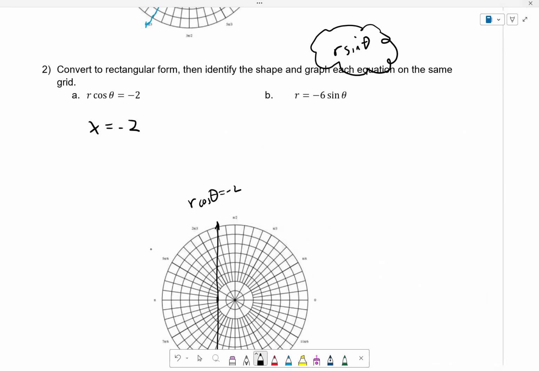Yeah, you all took algebra, right? If we want an r on the right, all we have to do is multiply both sides by r. That gives us r squared is equal to -6r sine theta. I'm going to give you a minute to continue converting this to rectangular. I think you know what to do with that r squared.